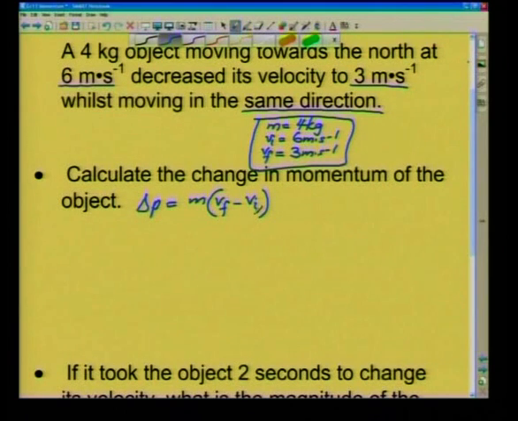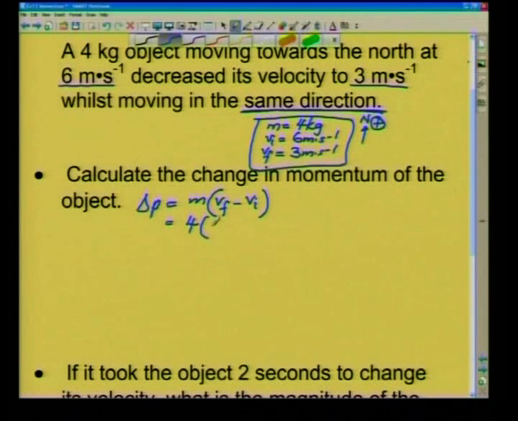Now, because the change in velocity happened in the same direction, it means if we take north to be positive, because this is a vector quantity, then all these velocities are positive. So the mass is 4 kilograms into v final.